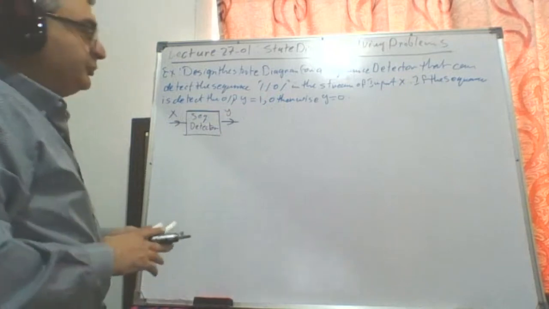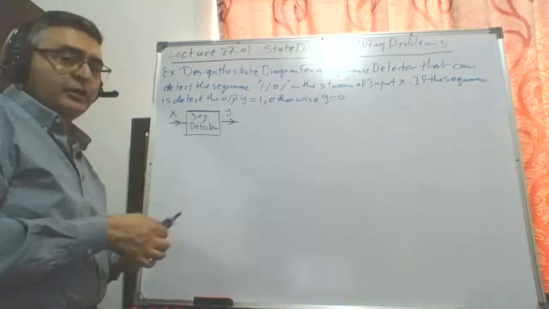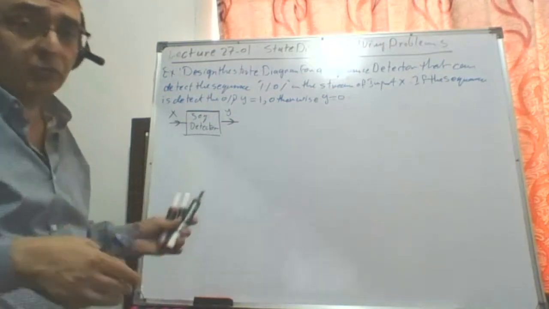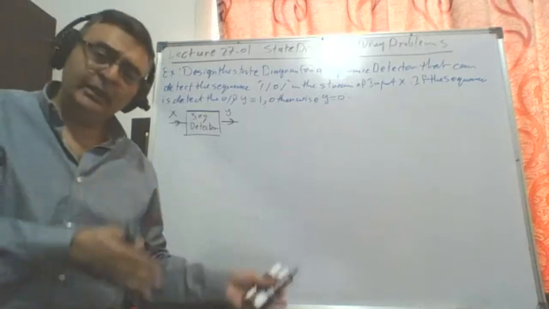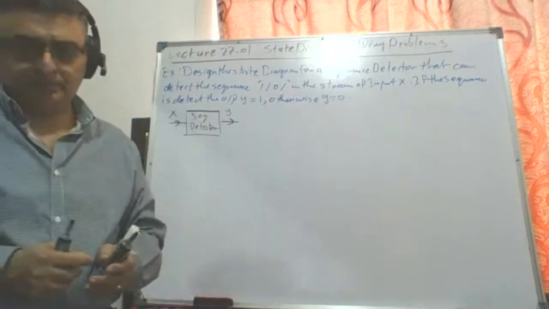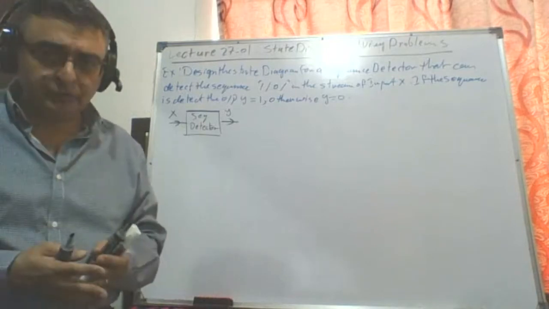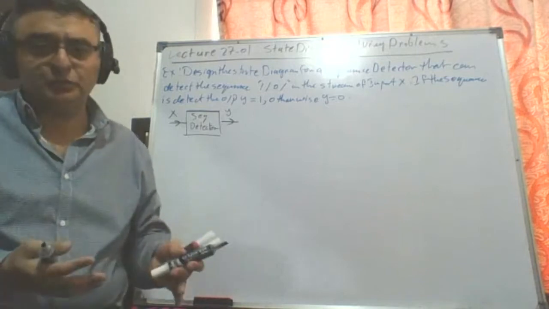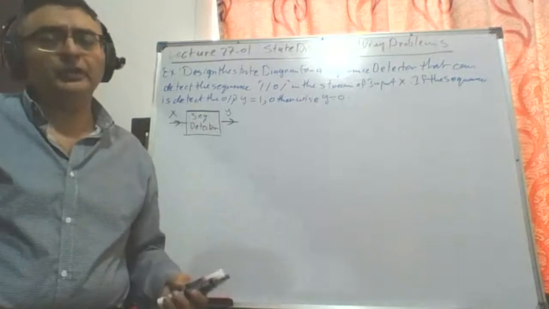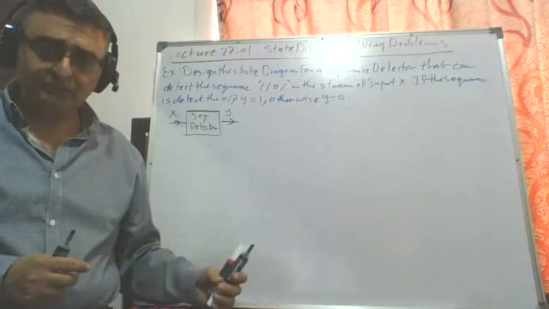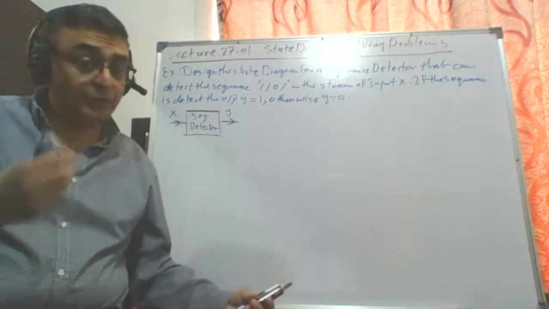Similar to the example for the two's complementer, there are two things that I have to start with. First of all, I want to check whether I will solve the problem as a Mealy or as a Moore. For one external input, usually the difference between Mealy and Moore is one extra state for Moore compared to Mealy.